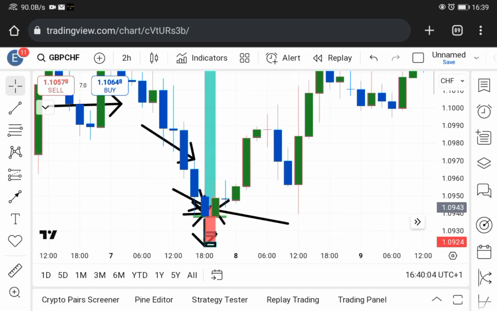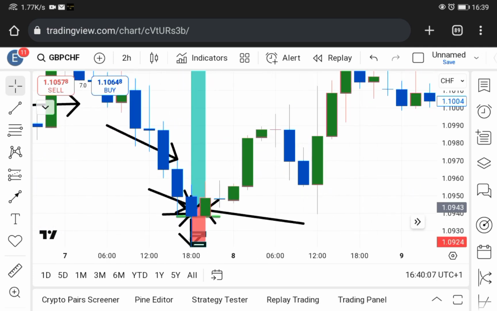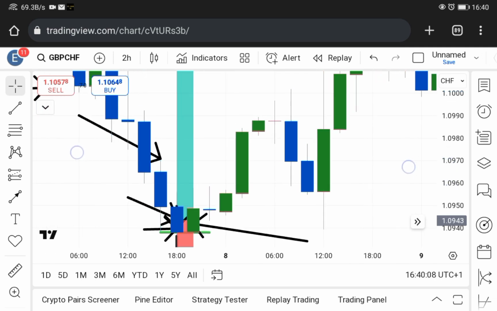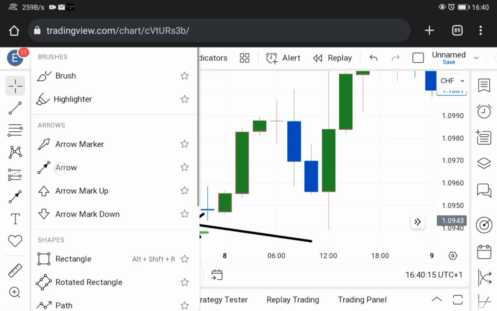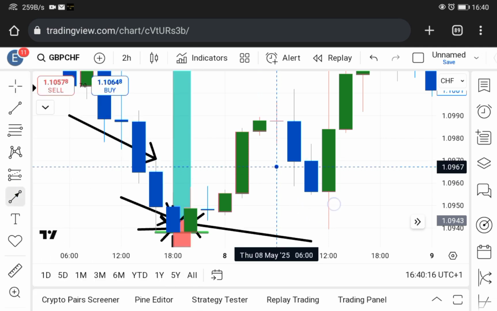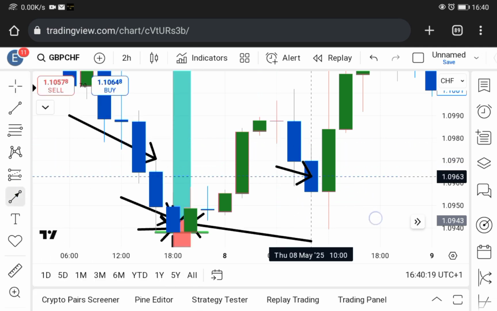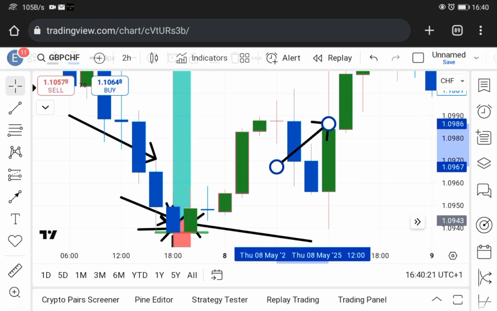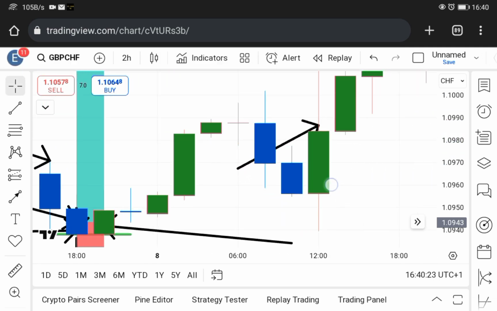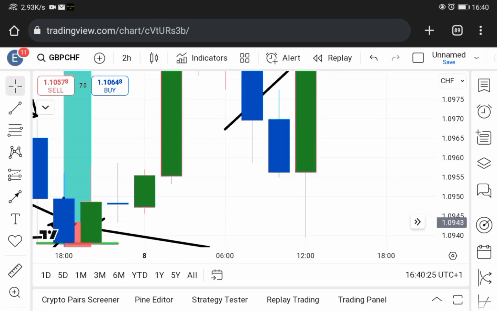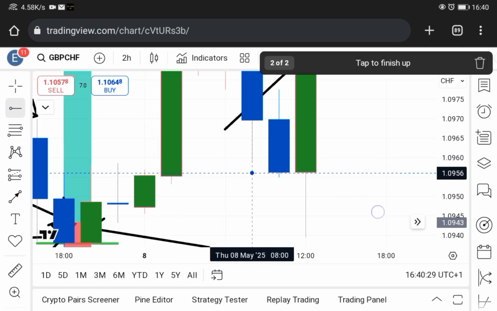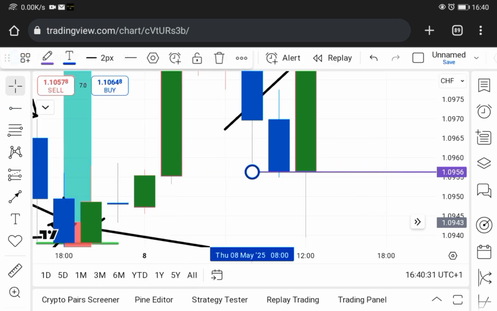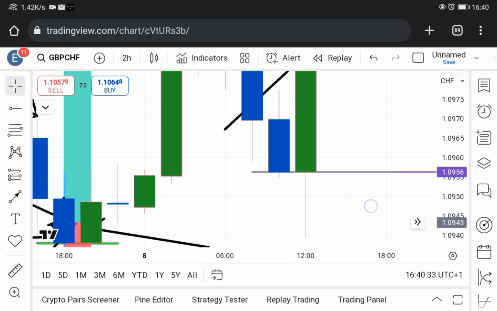Then we move. As we move, the market is still bullish. Since this market is still bullish, we are looking for just 2 bear candles in a row. So we've seen this one, we've seen this one. Then at the close of the second candle, you pick your trend line tool and map it out from that point.